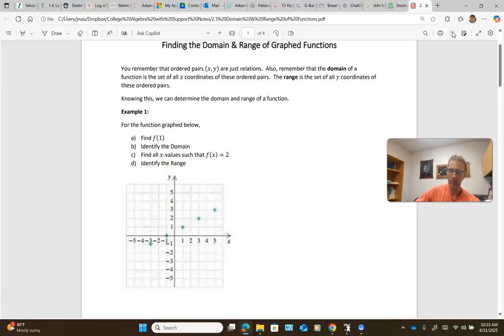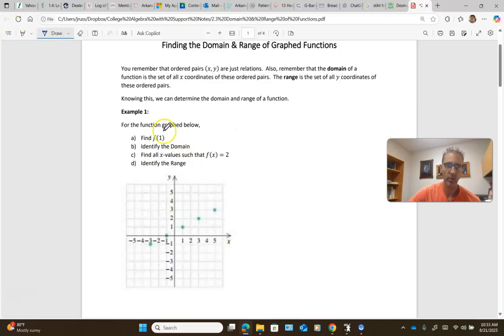So, for example, if I explicitly know what the function is or have a formula for the function, and I want to find f of 1, well, x is 1, so I just take 1 and I plug it into x in the function. Okay, but if the function's already graphed and we don't have the function explicitly expressed, then we can't just plug 1 into it. We actually have to look at the graph, and that's what we're going to do with this first example.